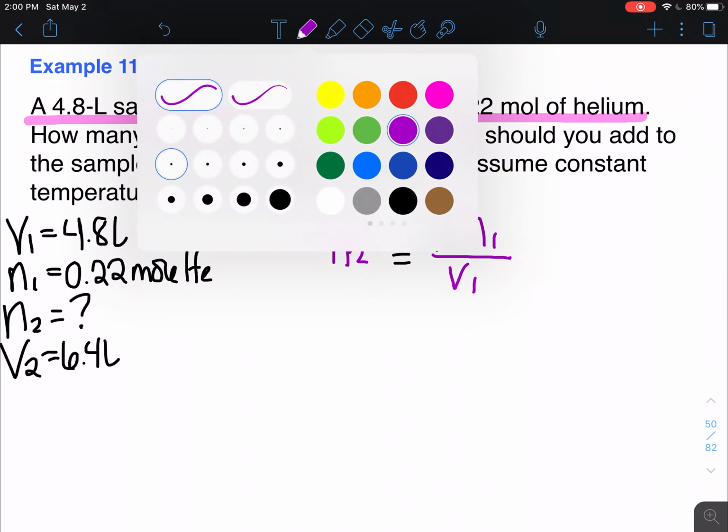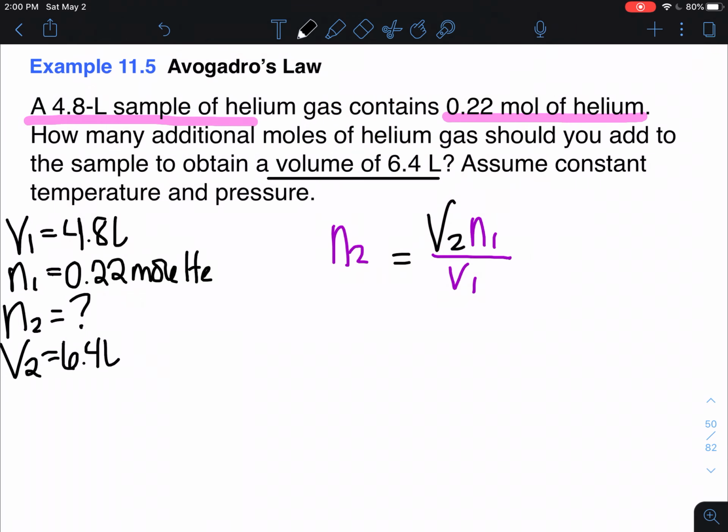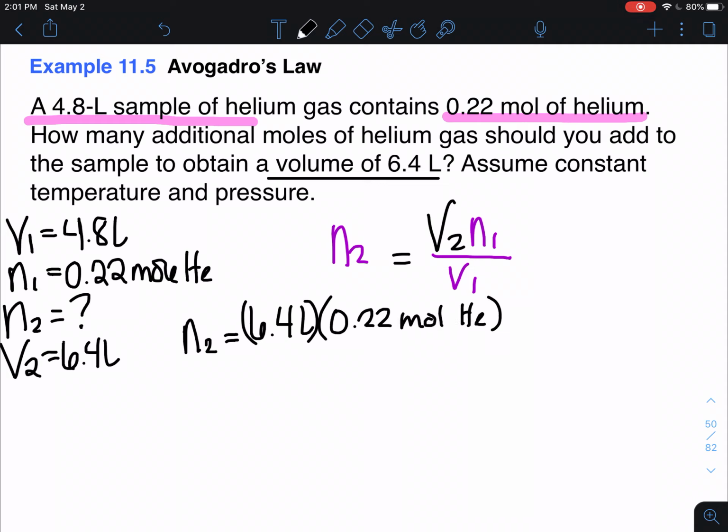So now I'm going to go ahead and plug in all of my variables. N2 equals V2, which is 6.4 liters, multiplied by N1, which is 0.22 mole helium, over V1, which is 4.8 liters.